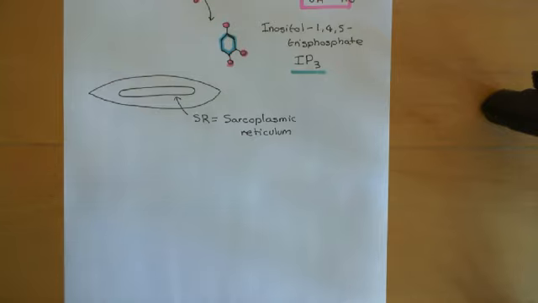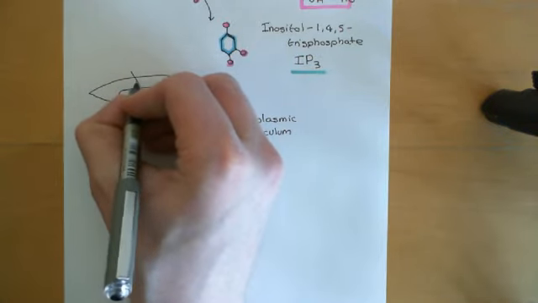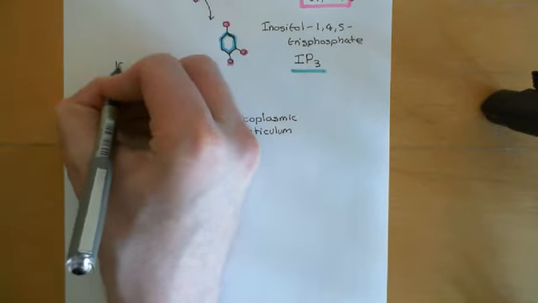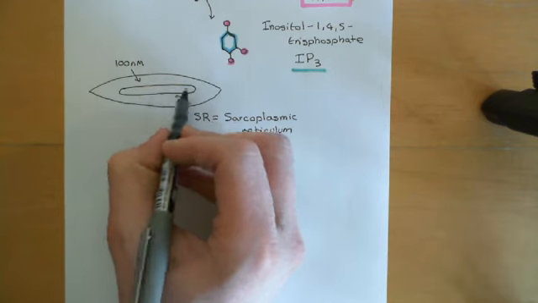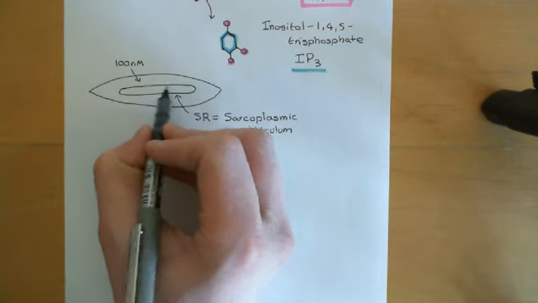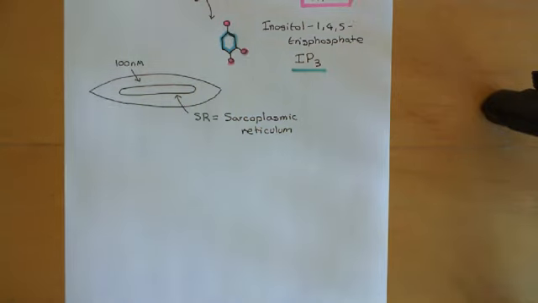Now, you remember I told you earlier that the cytoplasmic calcium concentration is very low, around 100 nanomolar. Well, the calcium concentration is much, much higher than that in the lumen of the sarcoplasmic reticulum. So you have this intracellular store of calcium ions in the sarcoplasmic reticulum lumen.